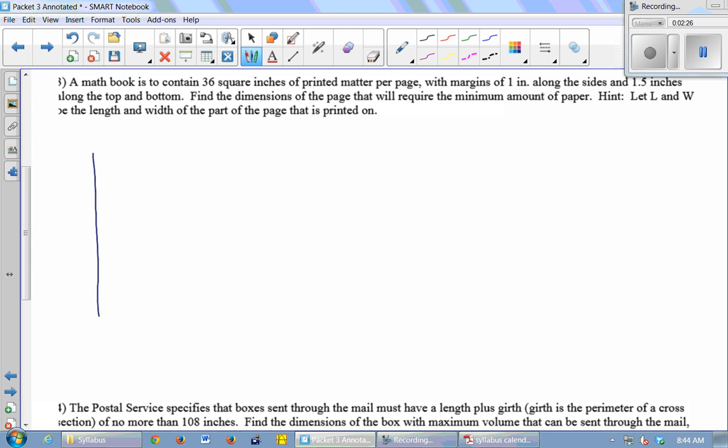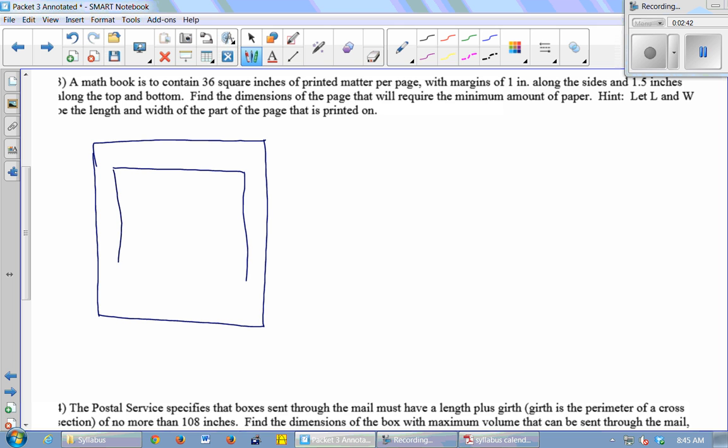So here's my page of a math book. It's going to have a margin, 1.5 inches on the top and 1 inch along the sides. And then they said, let L and W be the length and width of the part that's printed on, which is like the inner rectangle.